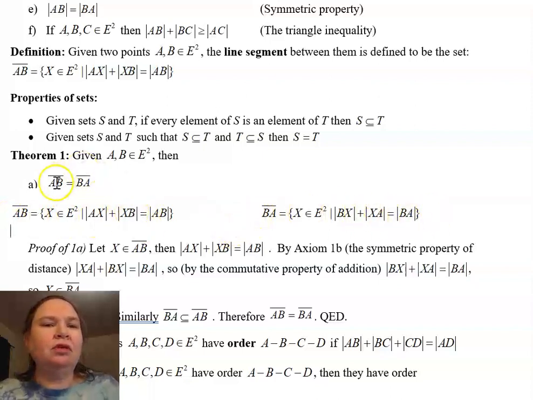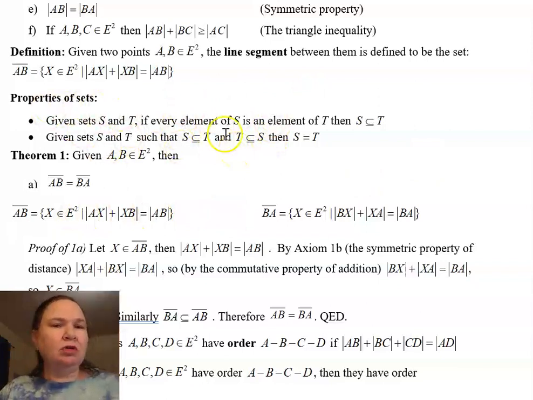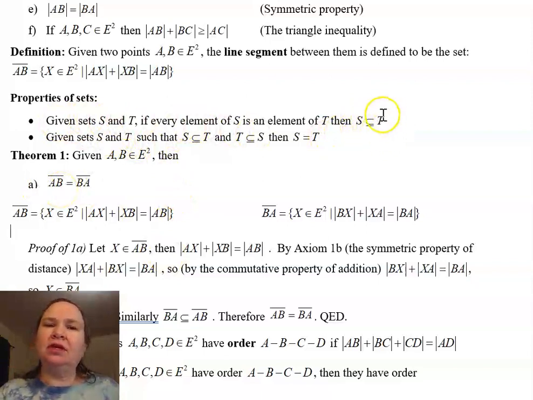I'm trying to show that these are equal. These are both sets of points. So that's why I reminded you of this property of point sets, because we're going to use that here in our proof about these two sets of points. If I want to show that one set is a subset of another set, I need to show that every element in the smaller set is also an element of the larger set.